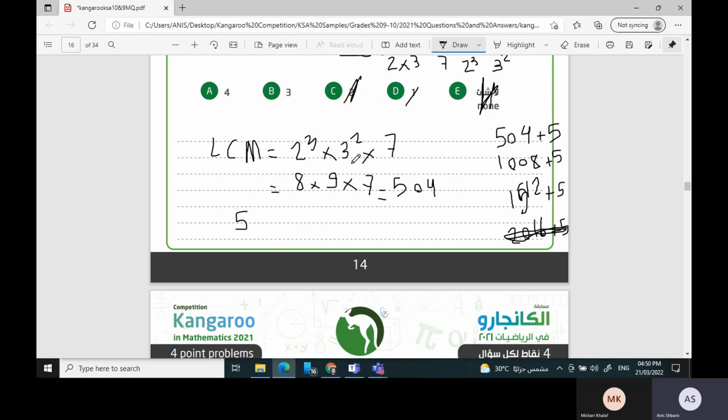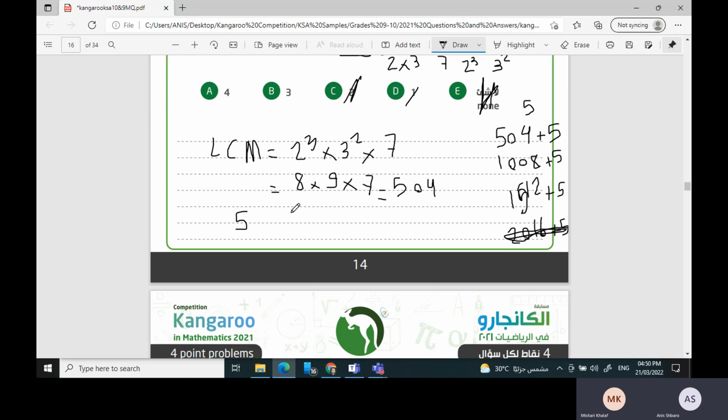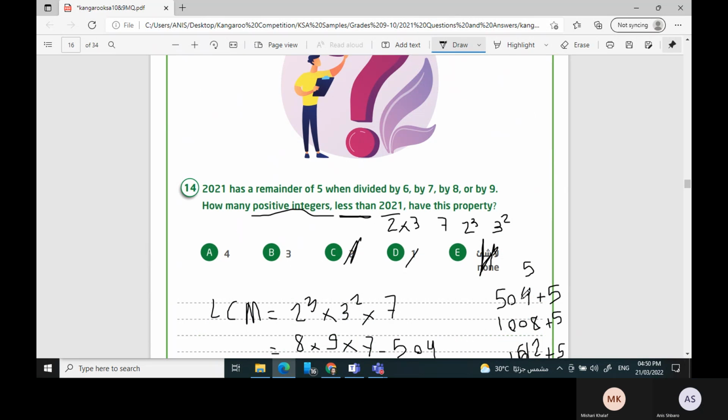The same applies for 7, 8, 9. So 5 divided by 9 is 0 with a remainder equal to 5. So if I add 5 also, I'm going to get 4 choices. When I divide them by 6, 7, 8, or 9, I'm going to get the remainder 5. Clear? Yeah, so it's 4.